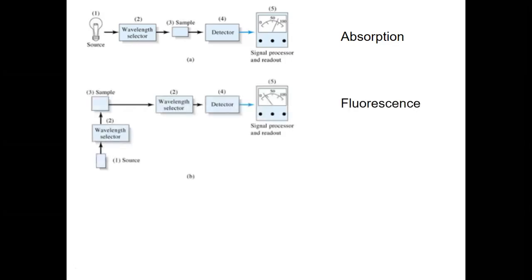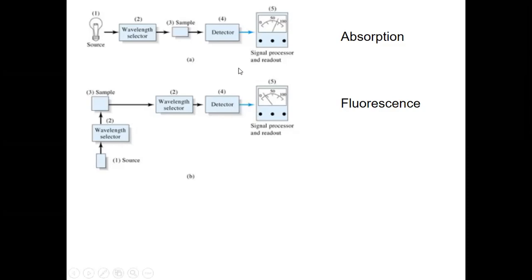When it comes to fluorescence, the arrangement is a little bit different. If you remember, in the fluorimeter we talk about the 90 degrees angle between the source and the detector.